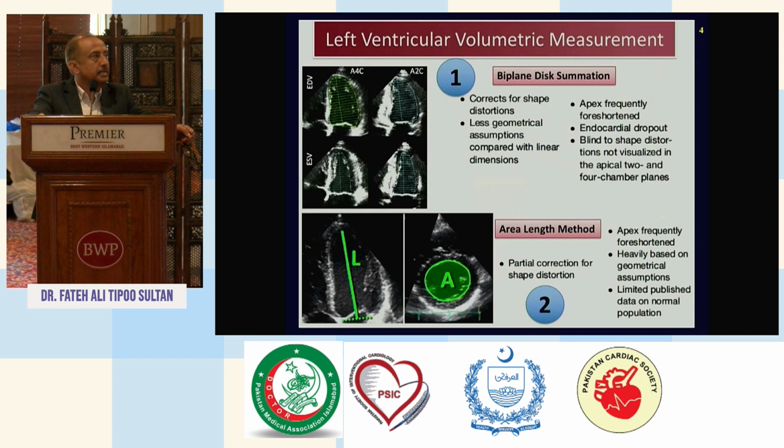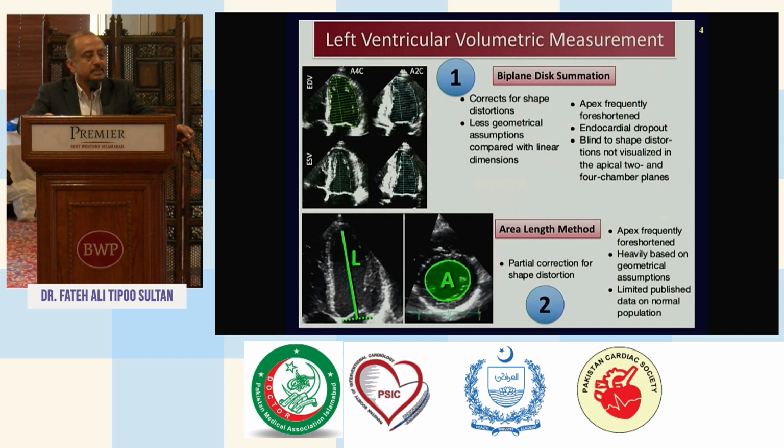One of them is the biplane disc summation method, and the other one is the area length method. In the biplane or Simpson method, you take the 4-chamber view and then you trace the endocardial border in end systole and end diastole.